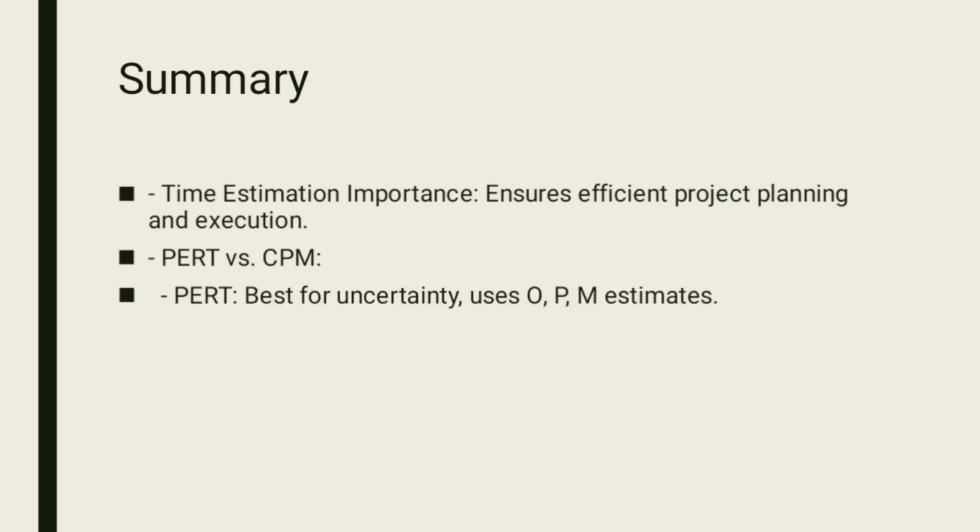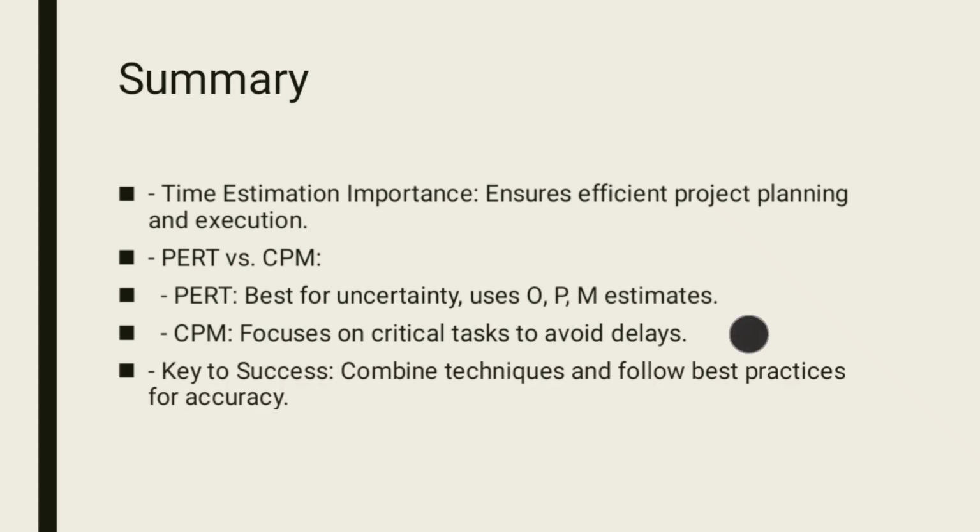If we're talking of program evaluation and review technique, it is best for uncertain projects, and it uses optimistic, pessimistic, as well as most likely time. While critical path method focuses on critical tasks, which give you the highest amount of time, this helps you to avoid delays.